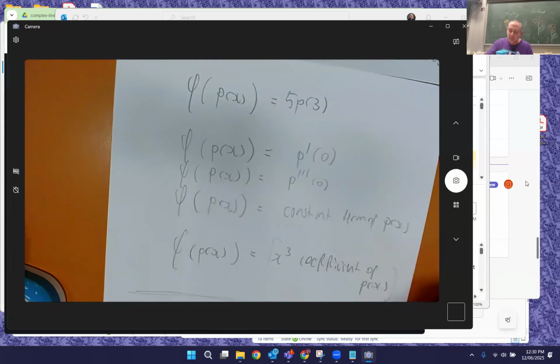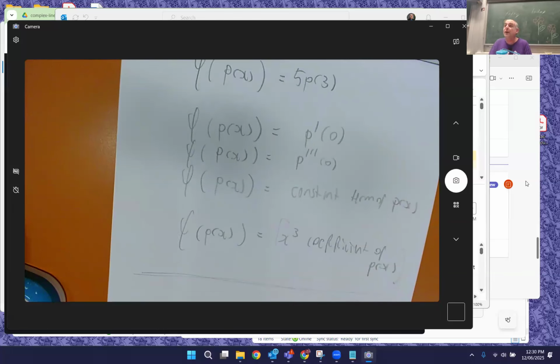So, for example, subbing in 3 and subbing in 2 are independent. Pretty sure. Could be wrong. I'm almost certain. And taking each coefficient separately, they're independent and they are a basis.